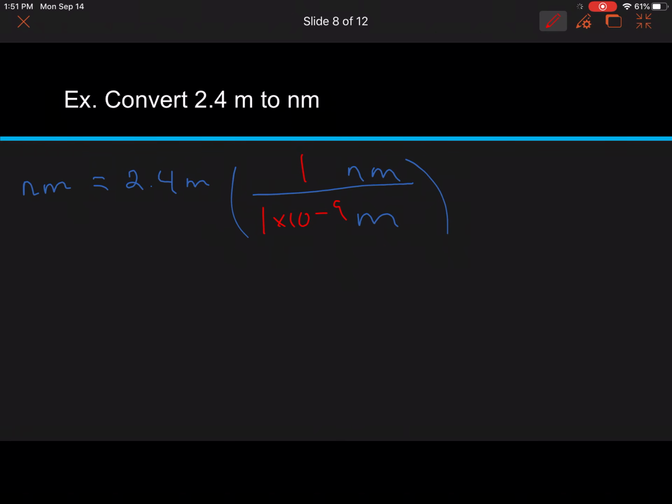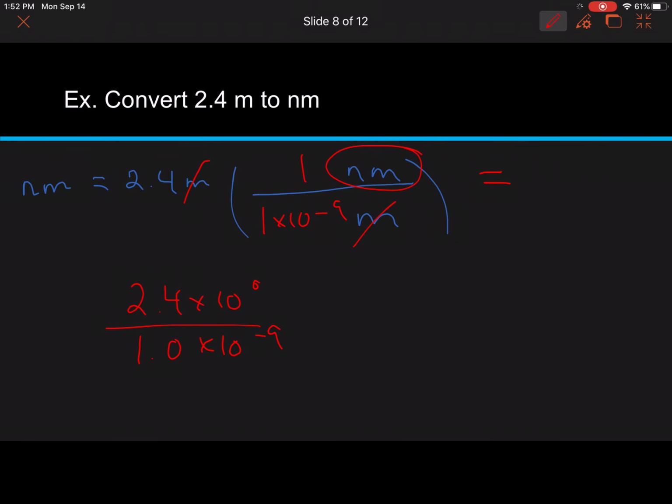Now, I'm going to follow this through. So nanometers, 2.4 meters, meters cancels. I'm left in nanometers. For the answer, you can use a calculator if you have to, but I can think of it like this: 2.4 times 10 to the 0 power. And if I divide that by 1.0 times 10 to the negative 9, what do I do with exponents when I'm dividing them? I subtract them.